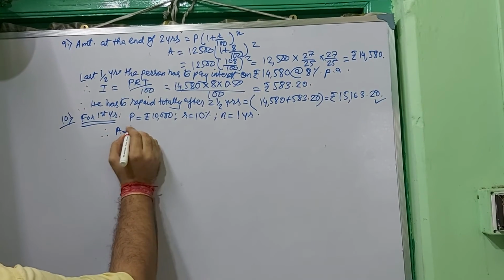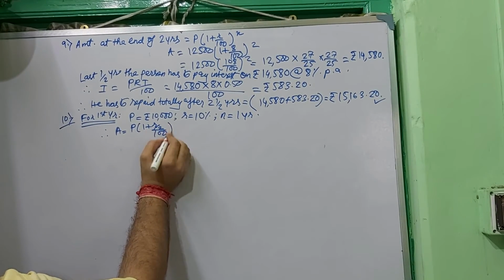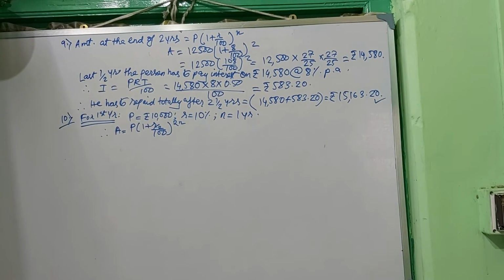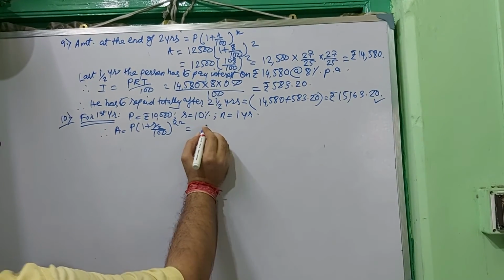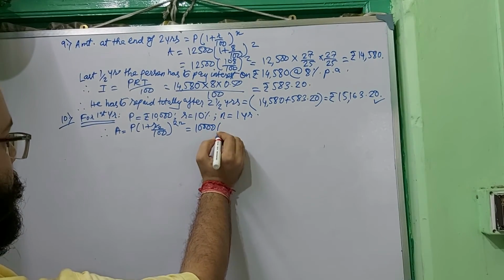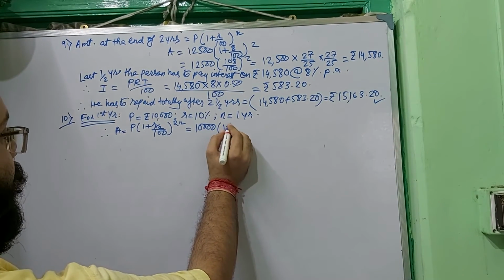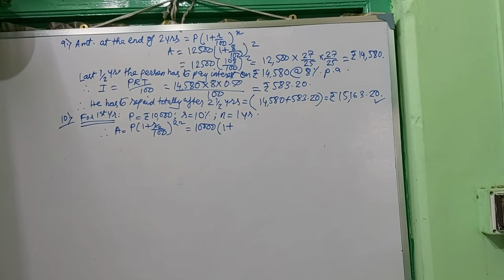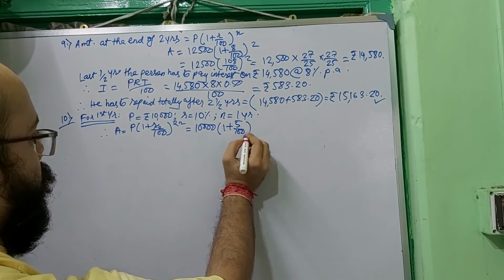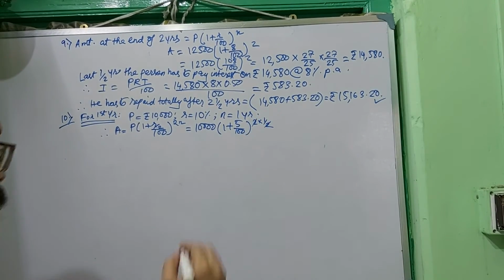Therefore, A is equal to P into 1 plus R by 2 by 100, because half yearly, whole to the power 2n. So P is given 10,000 into 1 plus 10 by 2. R is 10%, 10 by 2 means 5, 5 by 100, whole to the power 2 into n.